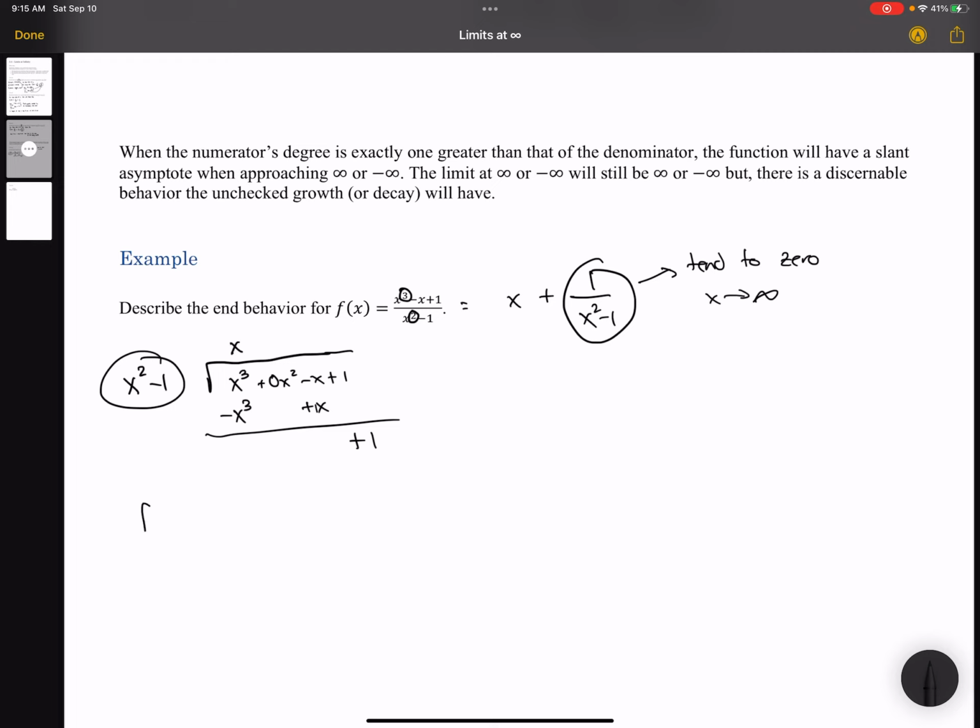So f of x equals x cubed minus x plus 1 divided by x squared minus 1 behaves like y equals x for large values of x. But we already know that, because another way of doing this is just taking the ratio of those two things.